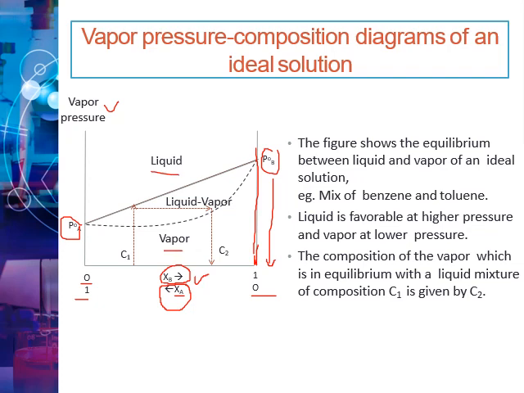Okay, so let's say from C1, we heat up the liquid at C1. The temperature will rise, the pressure will rise, to become vapor. It becomes more vapor until in the end it touches this line, where it becomes liquid vapor equilibrium.